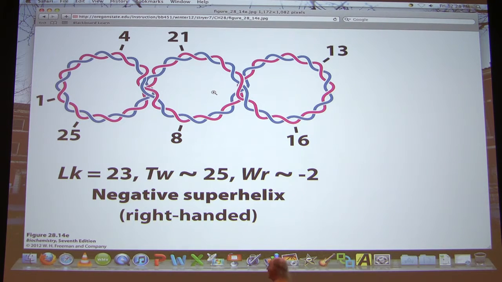You'll always be able to figure out what the writhe is. You should always know that if we have supercoiling, the writhe is something other than 0. Now, I know that is a little complicated, and I know that that is a little hard to get around your head, so I'll stop there and take questions for that.